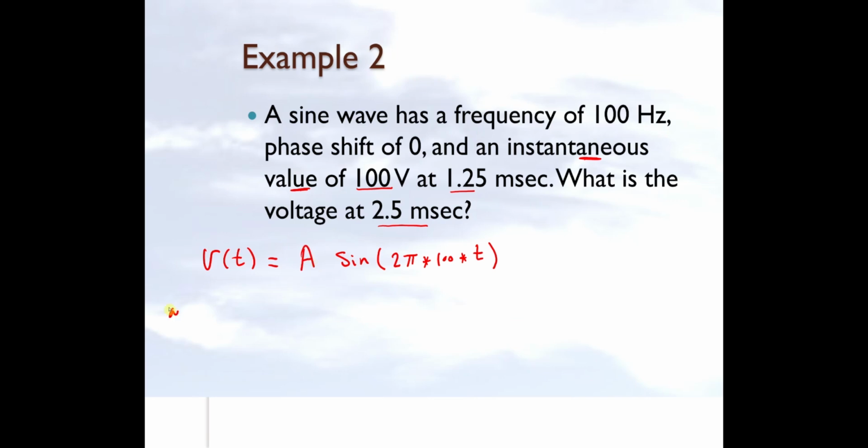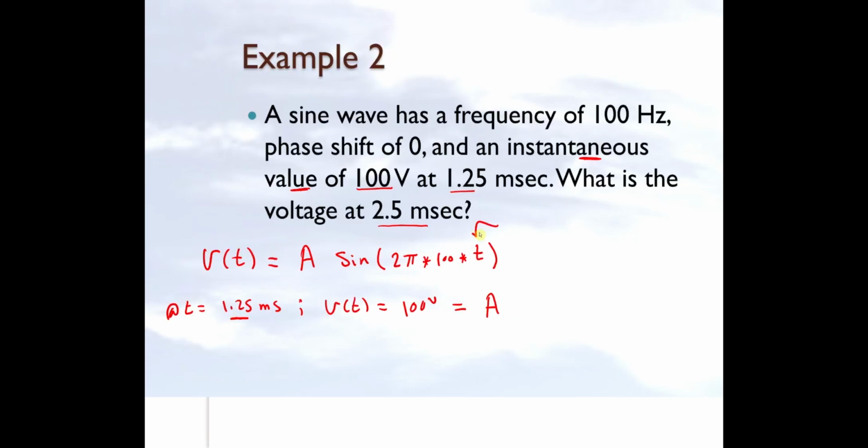We now know that at time t equals 1.25 milliseconds, v of t is equal to 100 volts. So if I plug this time into the sinusoid equation, I can solve for A, because I can plug the time value into the expression that we have for the voltage.